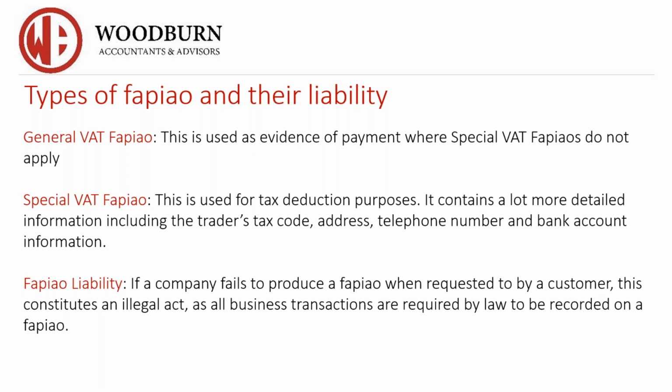In addition, the special VAT Fapiao is explicitly broken down into its taxable and non-taxable components, okay? While the amount on the general VAT Fapiao is usually a tax-inclusive figure. There's only one line item, okay?